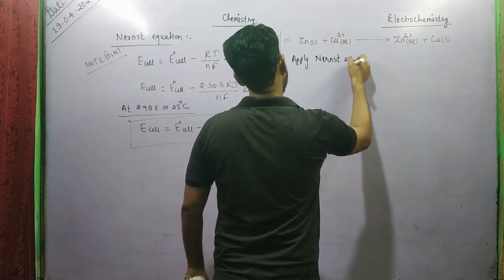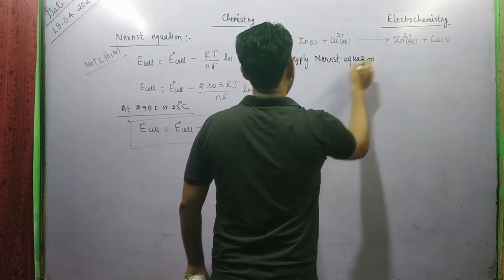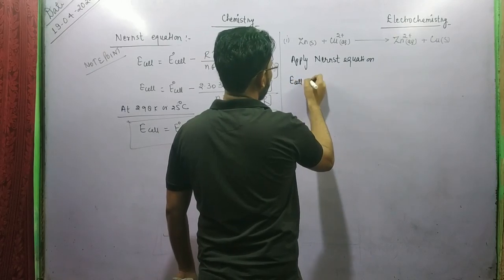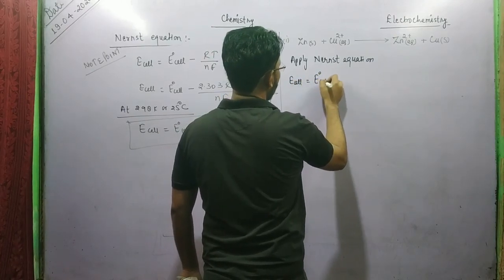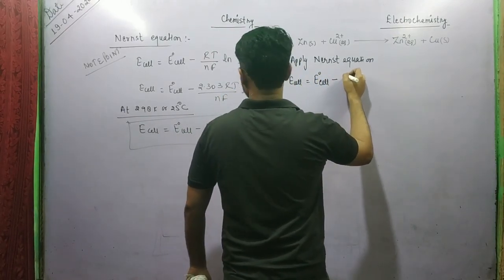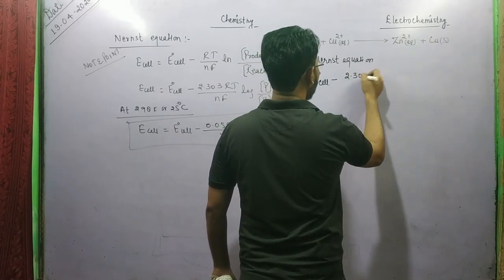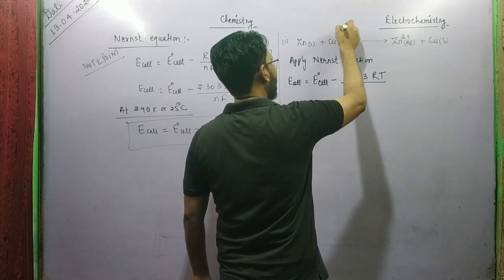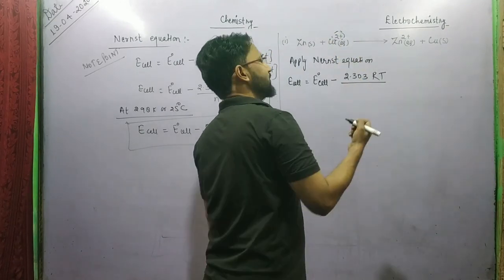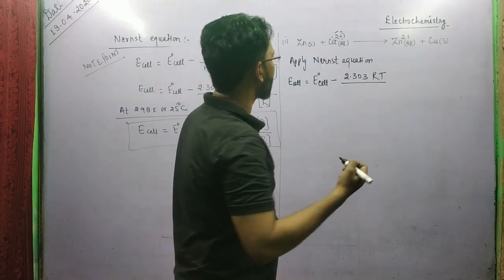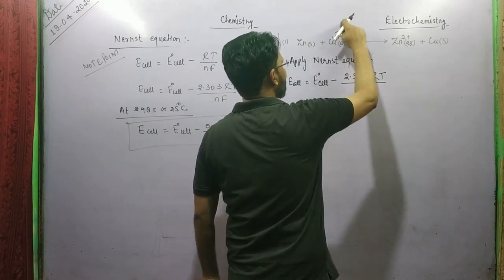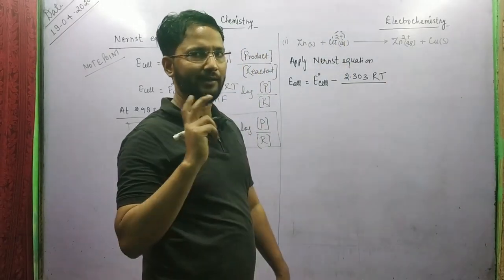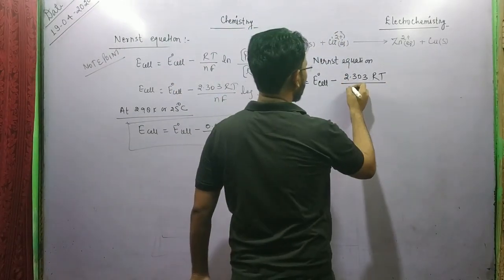Nernst equation: E cell equals E naught cell minus 2.303 RT over NF. The value of N is the charge, meaning the gaining or losing of electrons. Here in both cases, the electrons gained or lost are 2, so N is 2.